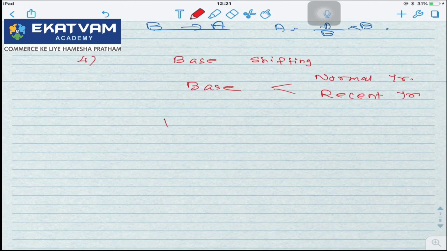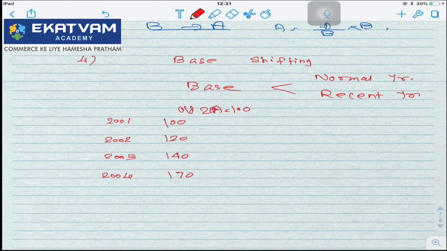Now suppose you have the series 100, 120, 140, 170. Suppose this is the year 2001, this is 2002, this is 2003, and this is 2004. This is the old series with A equal to 100, meaning 2001 equal to 100 is the base.